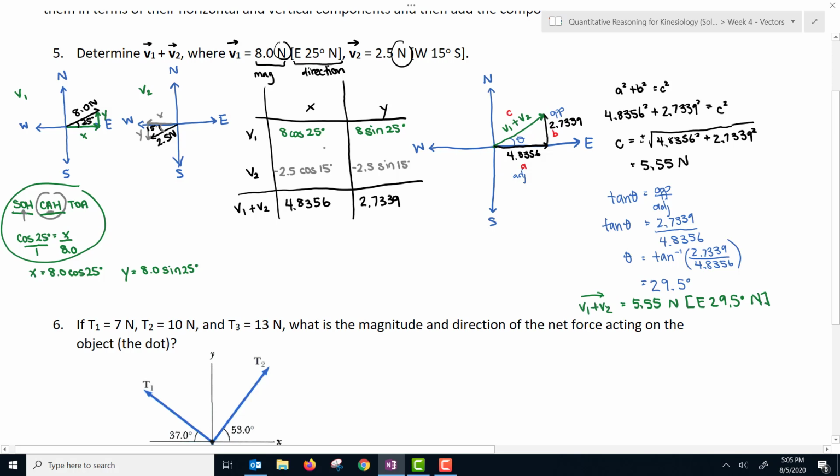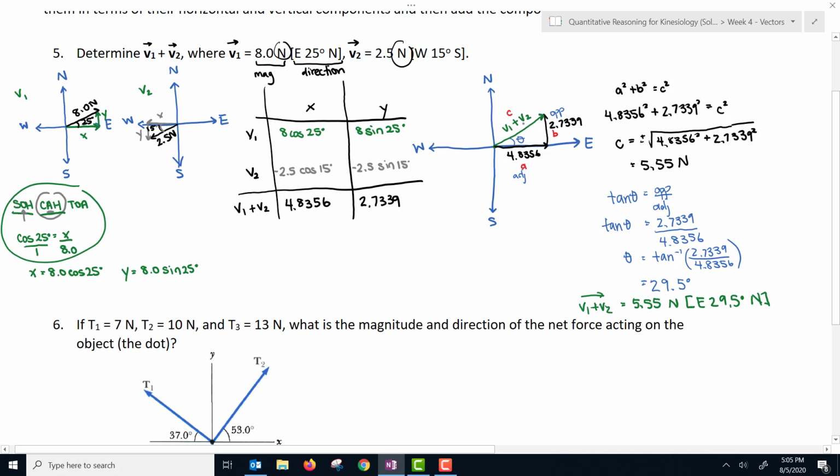Because we wanted to do V1 plus V2, we added the x components, and then we added the y components, and then we put them back together as one vector. So we drew a vector that's going to the right, 4.8356, because it's an x component and it's positive. And the y component was 2.7339, so that's pointing upwards since that's positive and it's a y component.